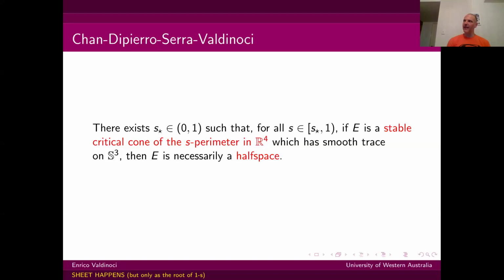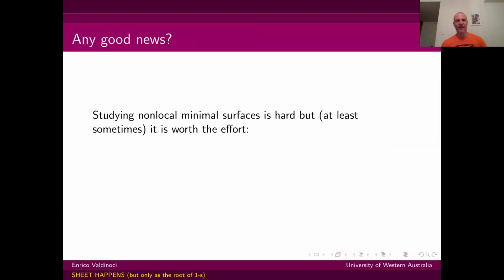So this kind of estimates produce, not for free, but as a corollary, essentially much easier than all the rest, the classification of stable critical cones of the S perimeter in R4.